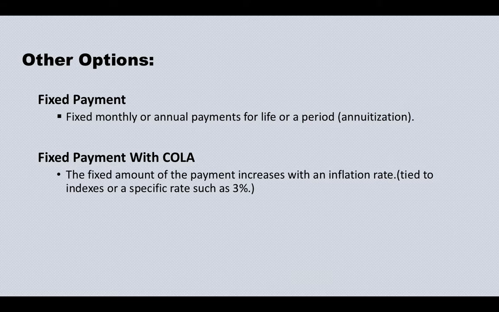Say you choose straight life on a $1 million policy, and you get $100,000 per year. If you want inflation adjustment, I'm going to reduce your original payment to, let's say, $80,000 per year, then adjust 3% per year with inflation. So that's another option as well.